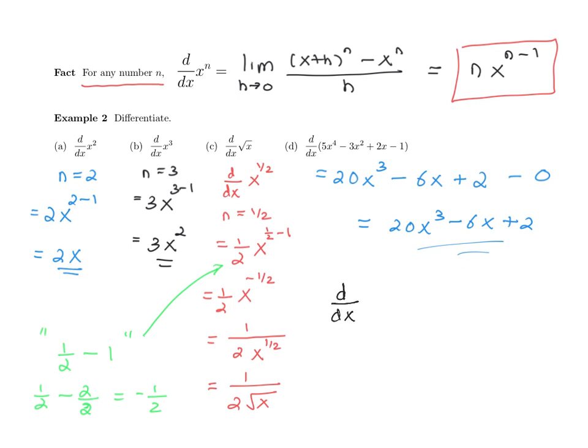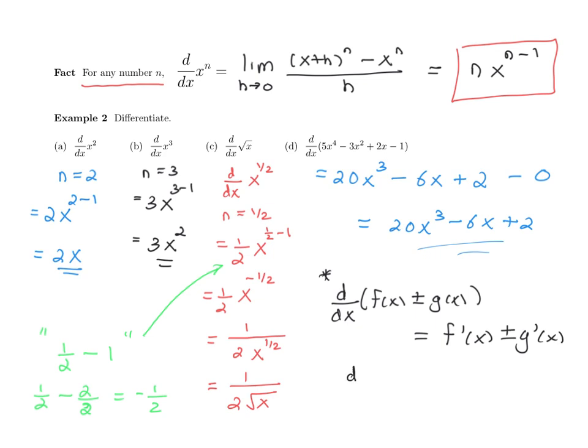Now, technically, in this process, we used the following facts. If you take the derivative of a sum or difference of two functions, then you can go through and take the derivative of each part individually, adding and subtracting as you go. So we're just going to, again, use this fact to take the derivatives of sums or differences, but you can actually also prove this using the limit definition if you want to. So, this technically is a rule that I used.